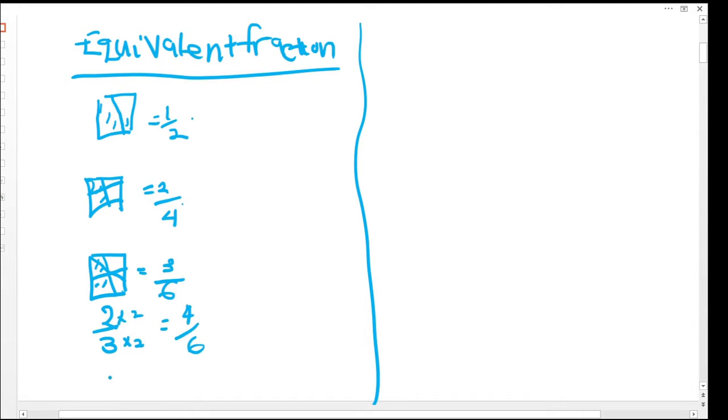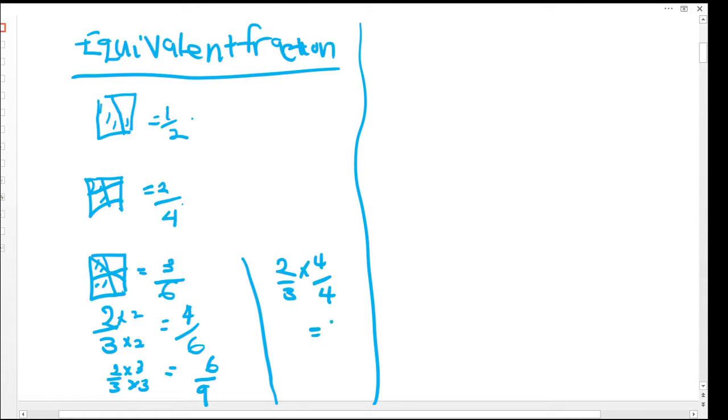Then the next equivalent fraction will be 2 out of 3 times 3 over 3, the third one. It will be now 6, because 2 by 3 is 6. Then 3 by 3 is 9. If again I want to get more equivalent fractions, then it will be 2 by 3 times 4 over 4.